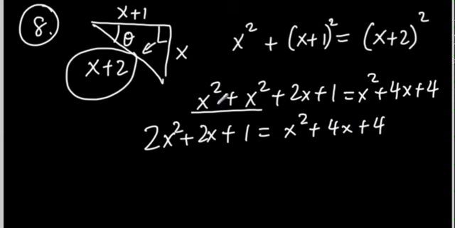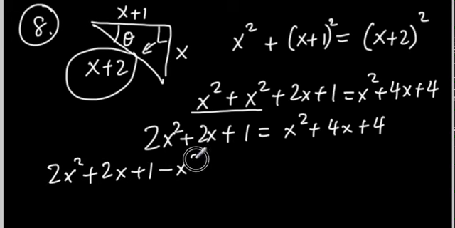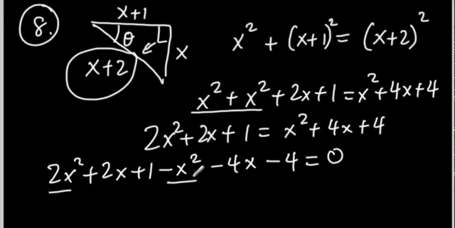Now if I bring everything over, it's 2x squared plus 2x plus 1 minus x squared, minus 4x, minus 4, equals 0. So 2x squared minus x squared is simply x squared. 2x minus 4x is simply minus 2x, and 1 minus 4 is minus 3.